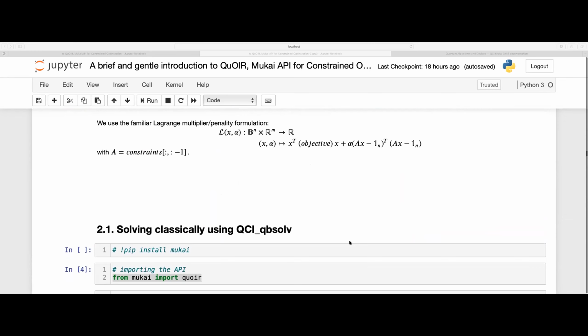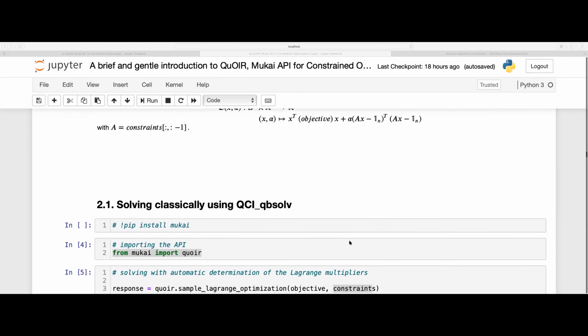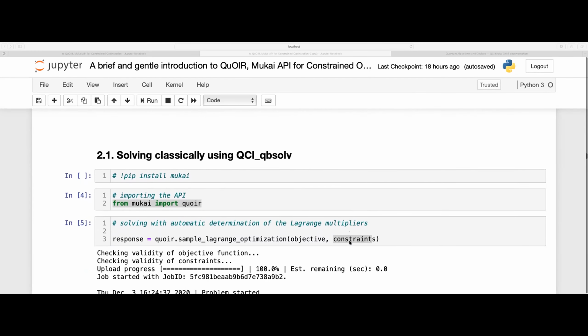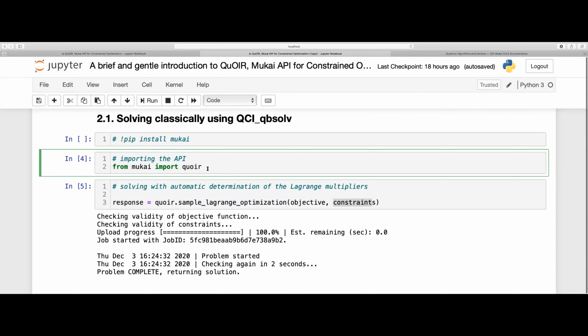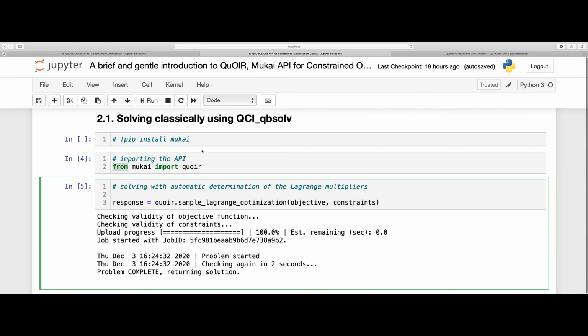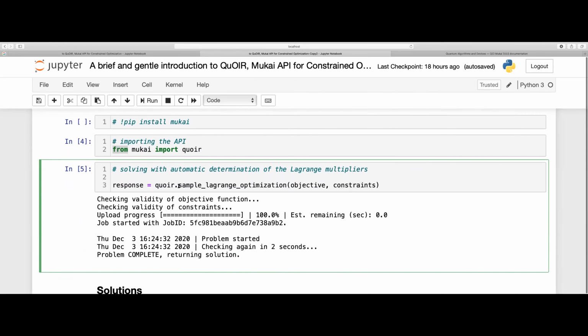I'd like to go back to Mukai and solve the problem. So the first thing I do is I start by importing the API, and then I'll be solving the example classically first. And I do this using one function, and this is the only function I'll be using throughout my demo, sample Lagrange optimization.